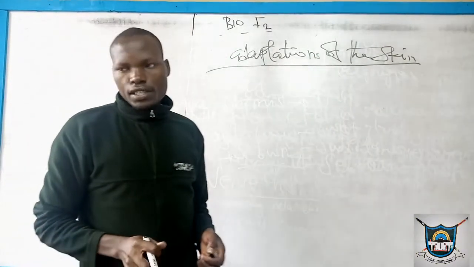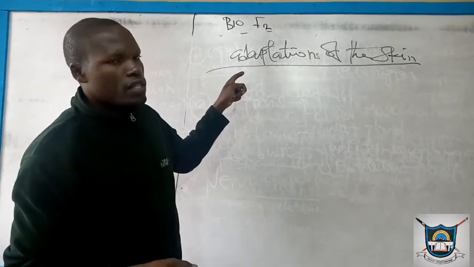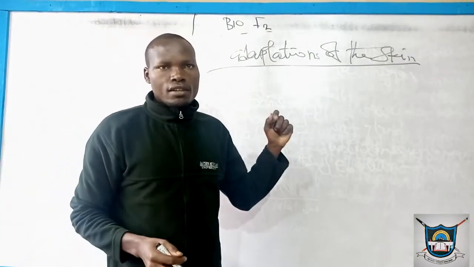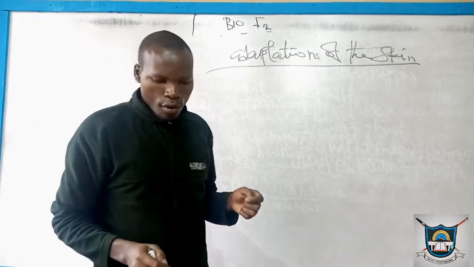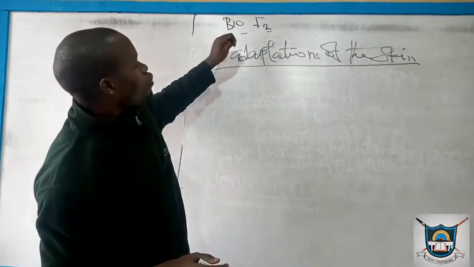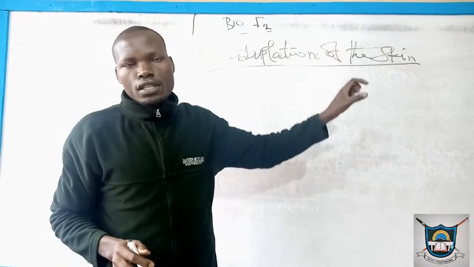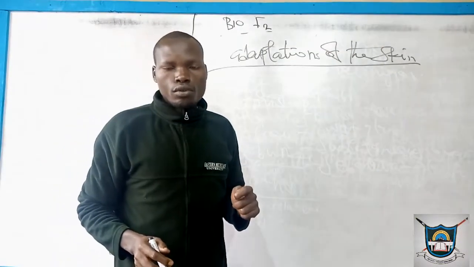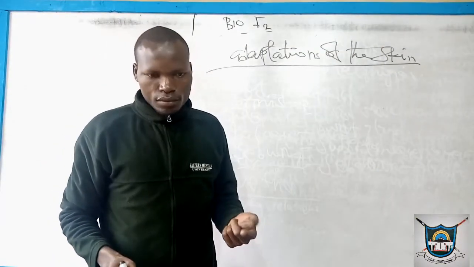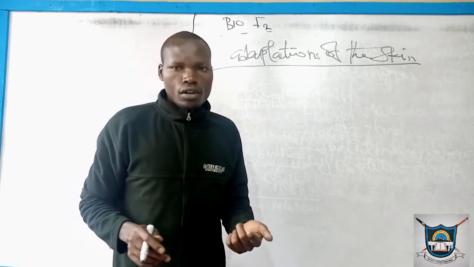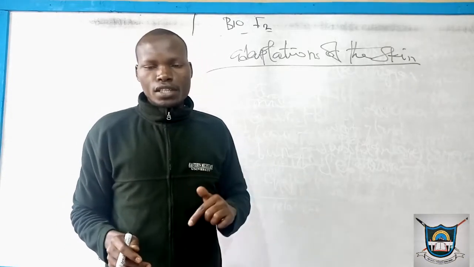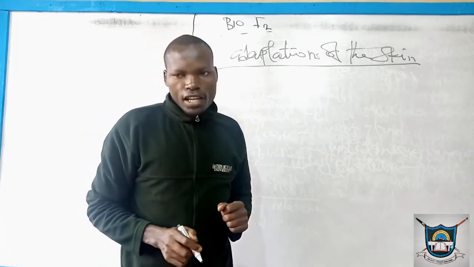Adaptations of the skin are made from the various parts which make up the skin. For you to fully understand the adaptations of the skin, you must first know the various parts of the skin and their functions, since it is from the functions of the parts that the adaptations come.